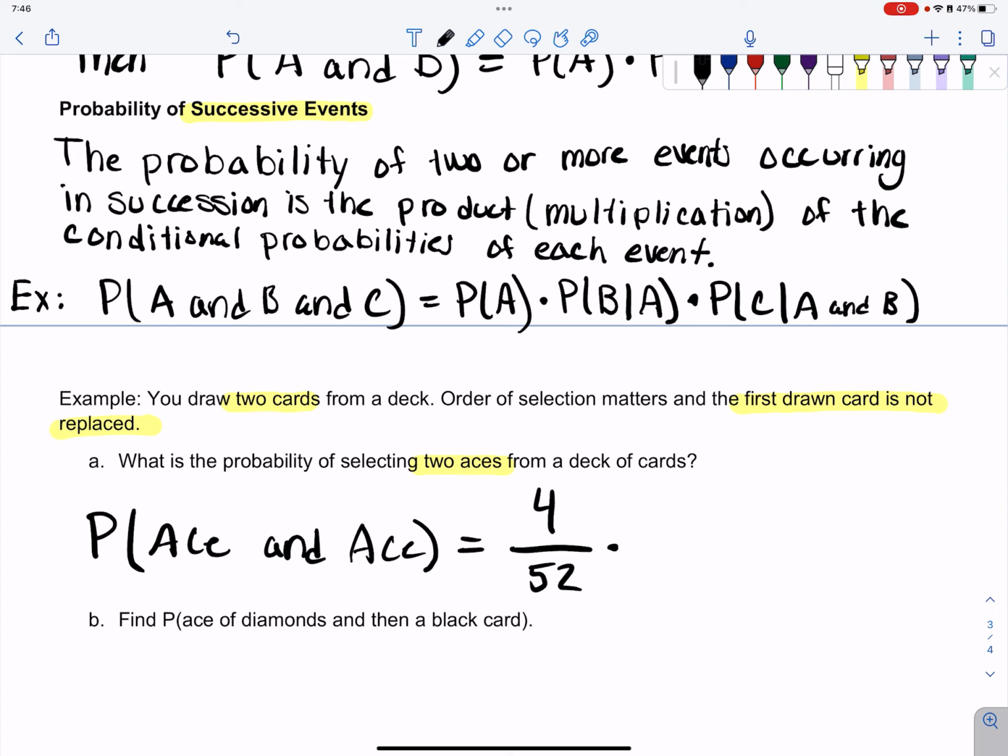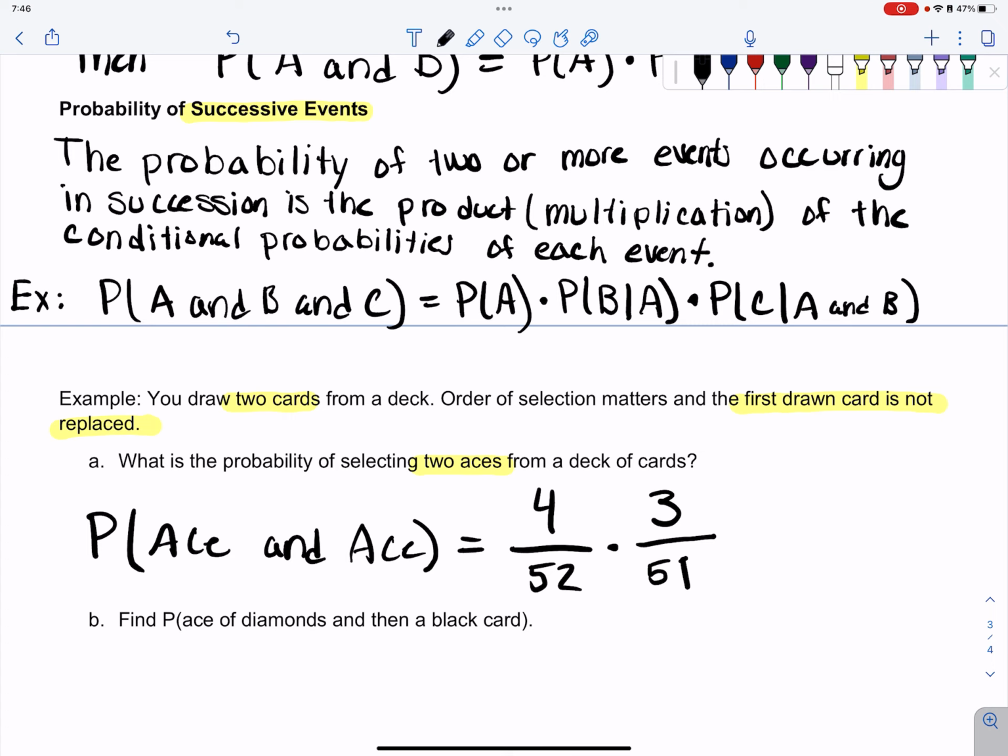So now we no longer have four aces in our deck, but we have three left to choose from. So we have three aces out of our number of cards in the deck, which is no longer 52 because we have that ace sitting out on the side. We have one less card, so it's out of 51.